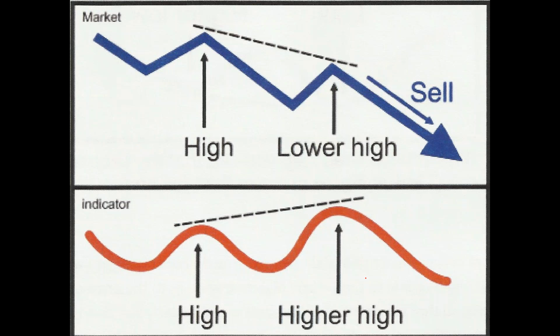It looks like this. A lower high here on the price itself, and a higher high here on the oscillator or MACD itself. Okay? So this is very important for you to understand, because this is what you will be using in your daily analysis.